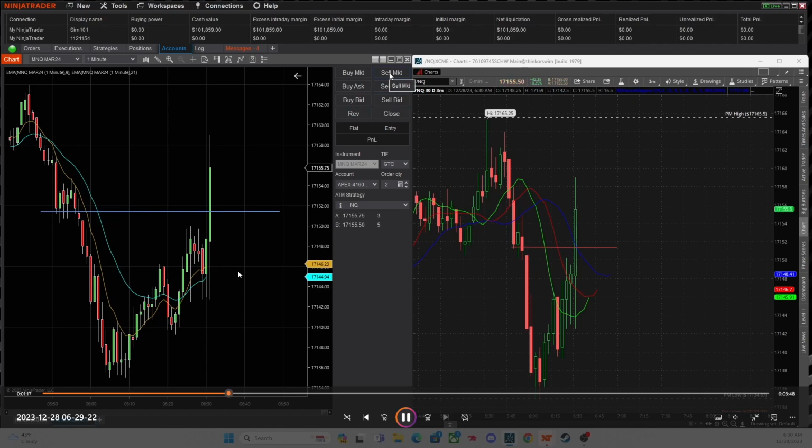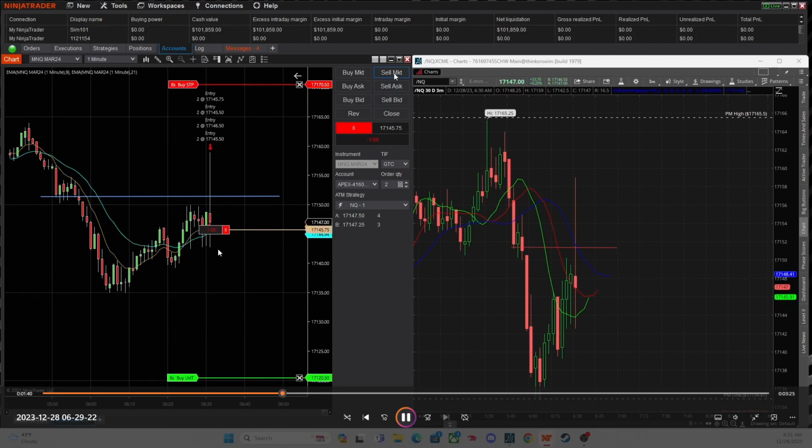The higher time frames were telling me we're going lower, and then here is the perfect entry to go short for rejection. Now I didn't enter yet. I should have entered on that spike up so I can have a better entry, but I waited for some confirmation. As you can see, price is getting rejected, it's falling down.